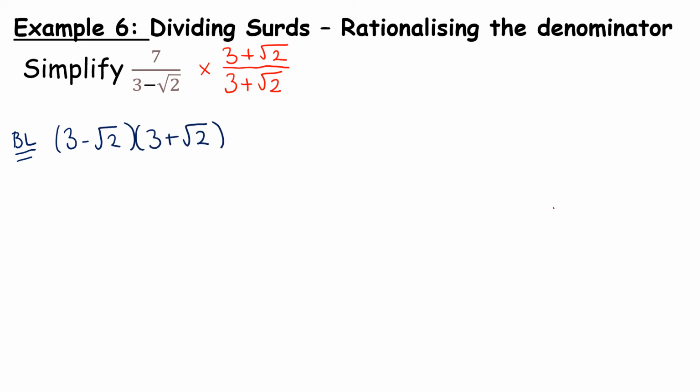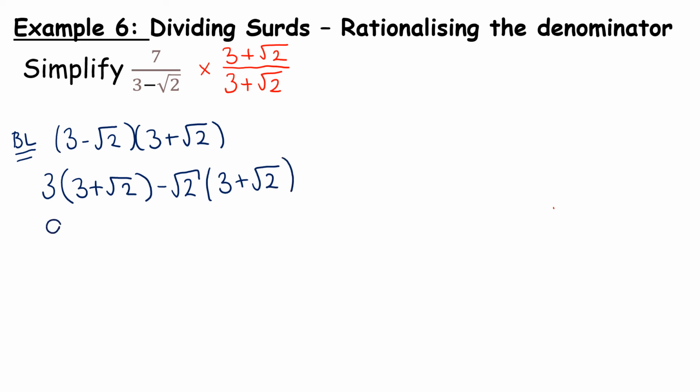I'm going to split my bracket. So 3 times 3 plus root 2 minus root 2 times 3 plus root 2. 3 by 3 is 9, plus 3 by root 2 is 3 root 2, minus root 2 by 3 is minus 3 root 2.